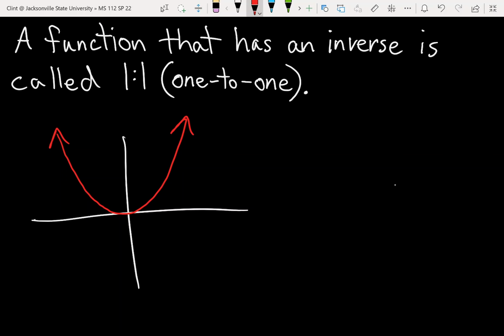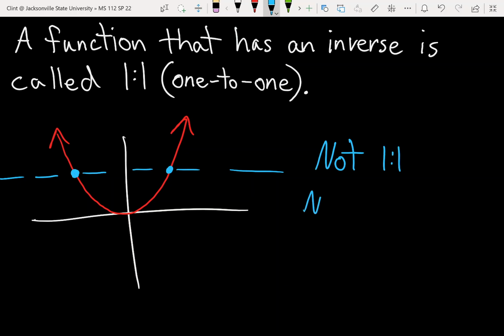Is it 1 to 1? Can we draw a horizontal line anywhere where it touches the graph more than once? Yep. There's a bunch of places we could draw a horizontal line where it would cross more than once. So this is not 1 to 1. It does not have an inverse.